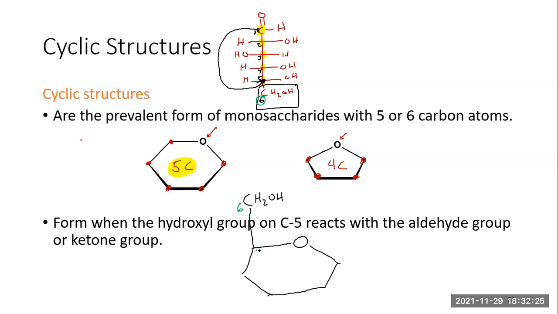This would be carbon number 5, carbon number 4, carbon number 3, carbon number 2 and carbon number 1. So this carbon 6 is outside of the ring. We number counterclockwise the rest of the carbons. And that's really important, because now we are pretty close to determining what we want in this picture.